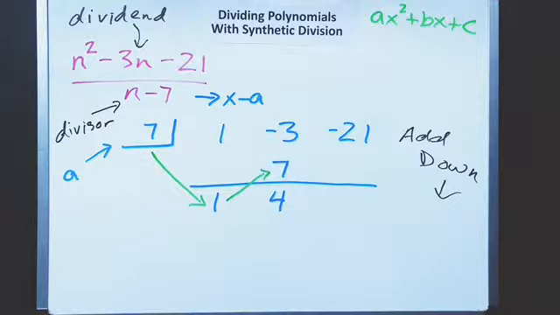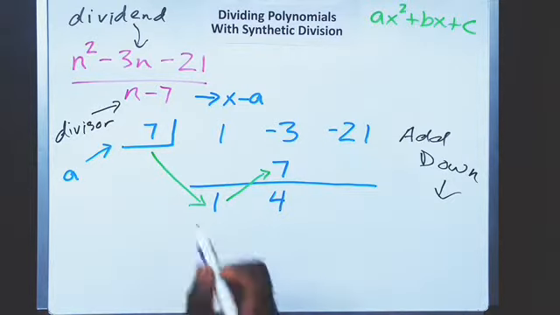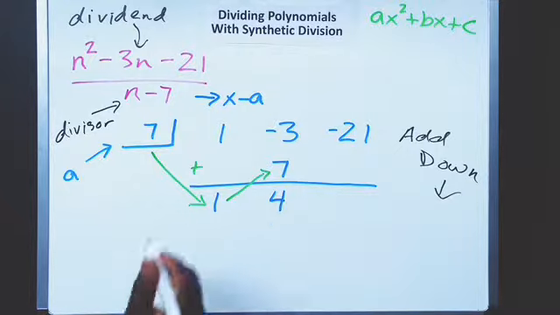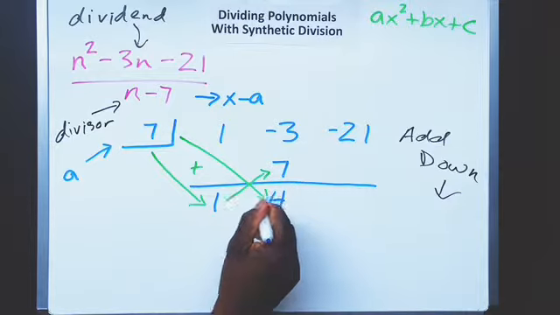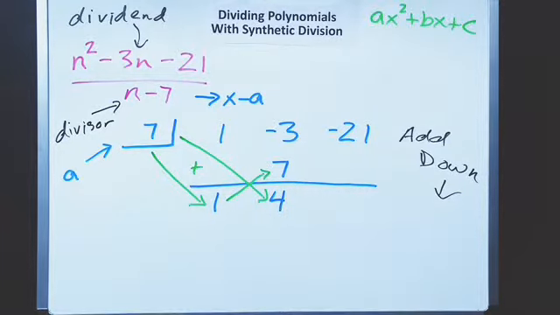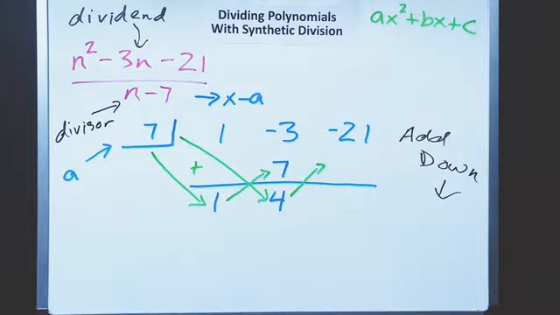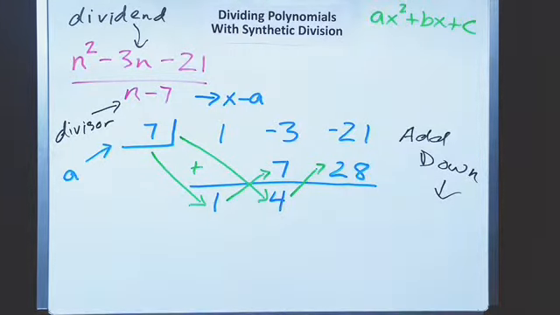Okay? Now, if you want to, you can even put a plus here if that helps you to remember. But you don't have to do that. All right. Now, we're going to multiply 7 times 4, which is going to give us 28. And then we're going to place that 28 here. So then that's 28. Very good.